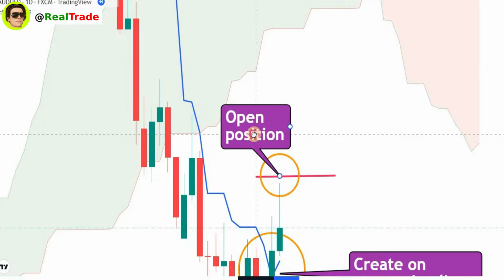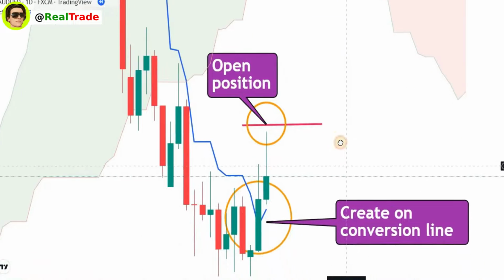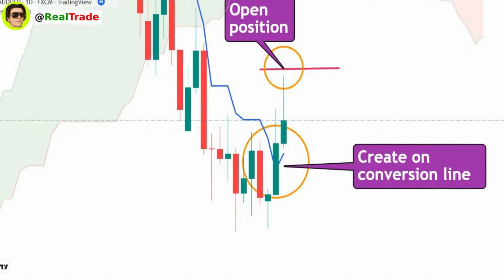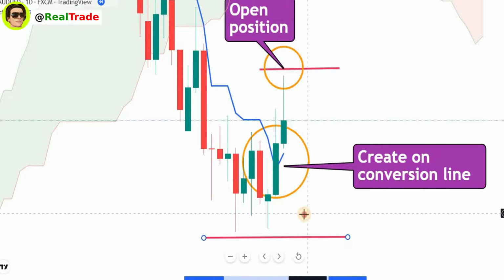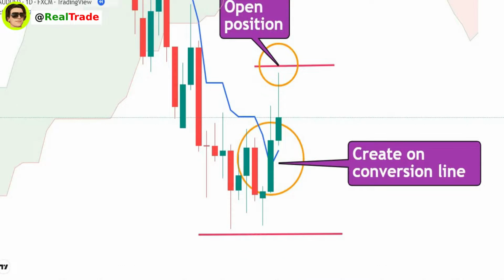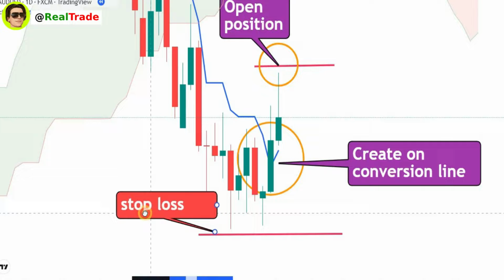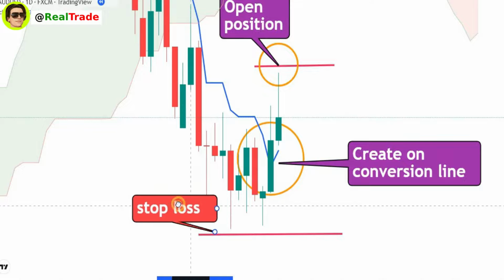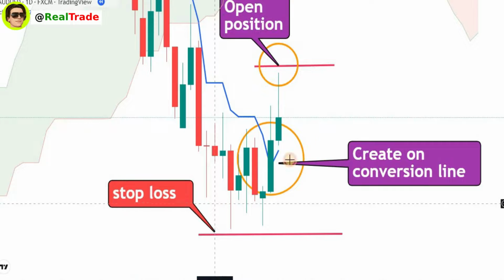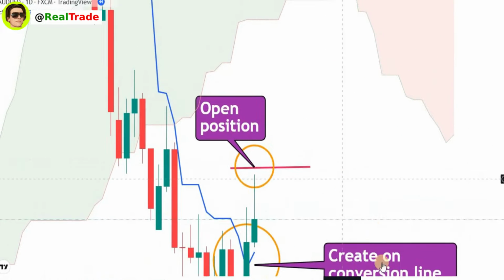I think this point. End of the candle is a stop loss. Yes, this area. Look at the chart. This area is a stop loss. Continue.